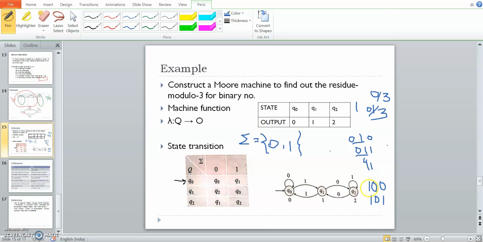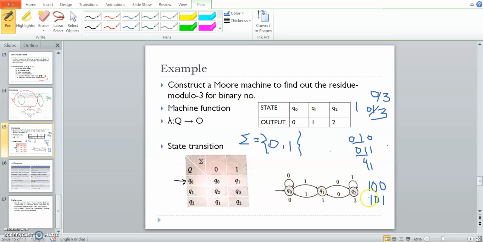So now this is the binary 1 0 0, meaning decimal 4. So 4 divided by 3, what is the remainder? The remainder will be 1. So in the Q2 state, on reading 0, you will be in Q1.